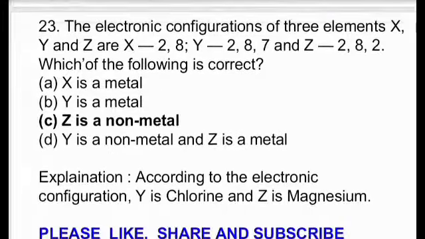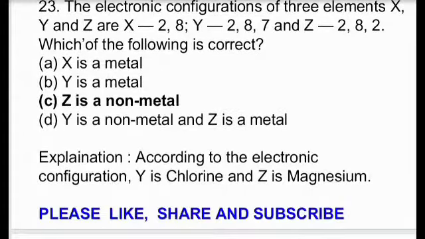The next question, question number 23. The electronic configuration of three elements X, Y and Z are X is 2,8, Y is 2,8,7 and Z is 2,8,2. Which of the following is correct?